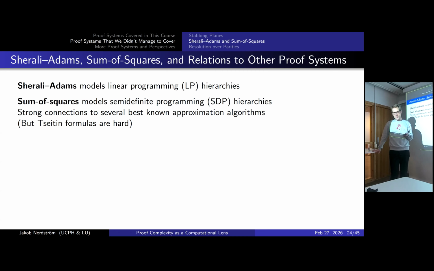Except I should say for sum of squares that this is a very hot topic, for instance, if you're into approximation of NP-hard problems. For many problems, you can phrase them as the problem of finding a low degree sum of squares certificate, which you can often do efficiently.